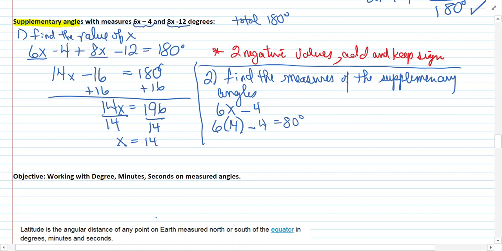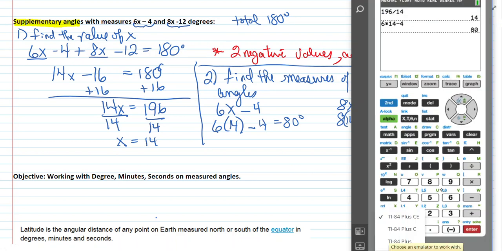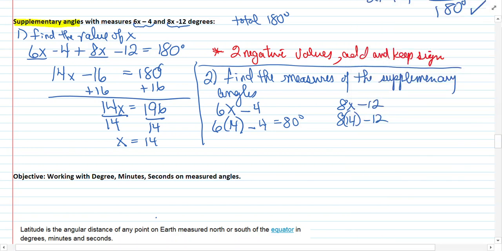Then my second angle is 8x minus 12. So that's 8 times the 14 minus 12. I get 100. So these two added is definitely 180 degrees, which means we have supplementary angles.